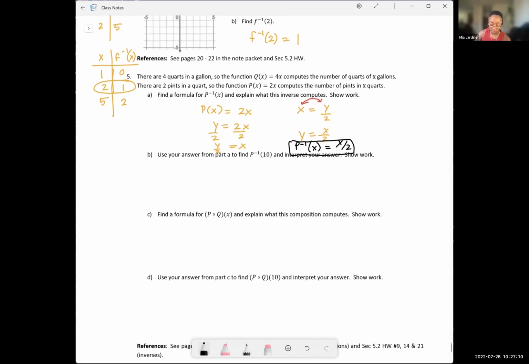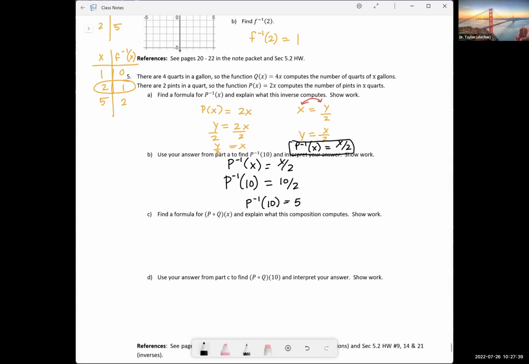Okay. It says use your formula to find P inverse of 10. Well, if P inverse of X is X divided by 2, then this will remain 10 divided by 2. So P inverse of 10 equals 5. And it says interpret your answer. So, oh, I'm sorry, we didn't finish number 1. Number 1 says explain what the inverse computes.